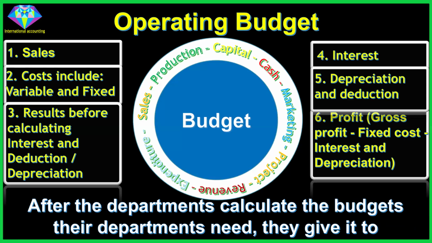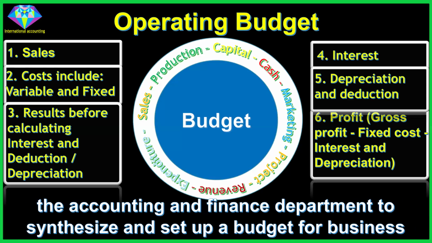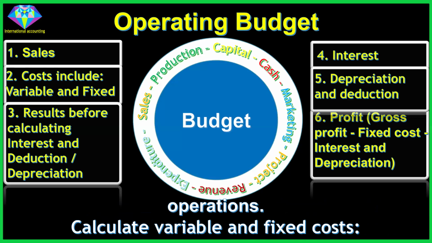After the departments calculate the budgets their departments need, they give it to the accounting and finance department to synthesize and set up a budget for business operations. Calculate variable and fixed costs.